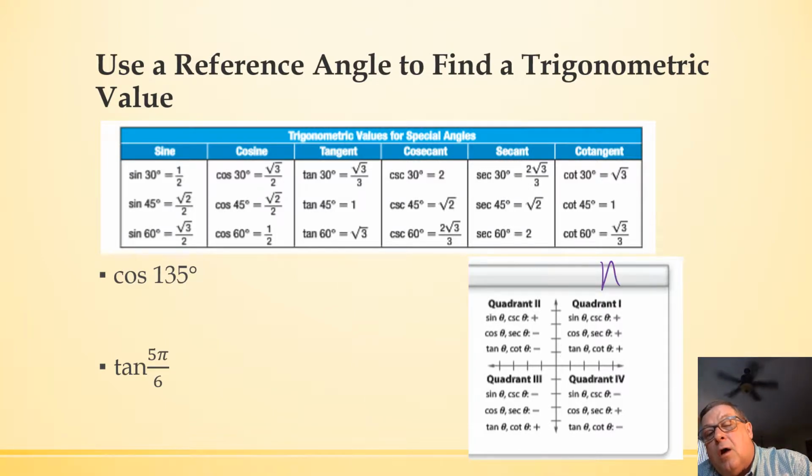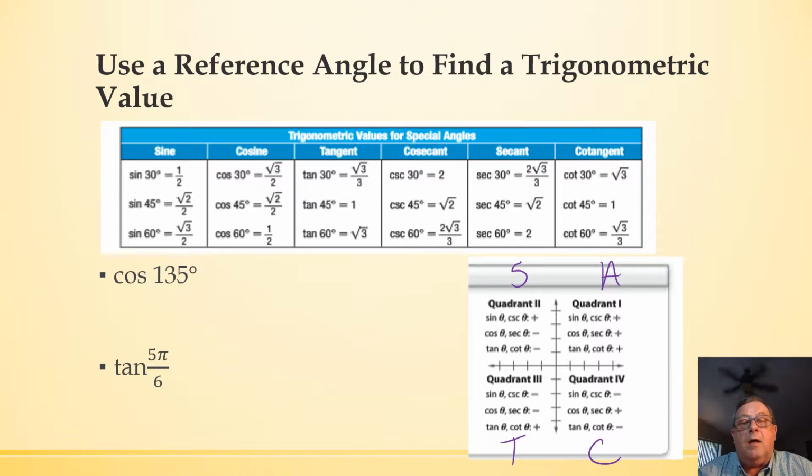All students take calculus. So in quadrant 1, all of our trig functions are, in fact, positive. In quadrant 2, our sine functions, and when I say sine functions, I'm talking about both the sine function and its reciprocal, which is the cosecant, are positive.